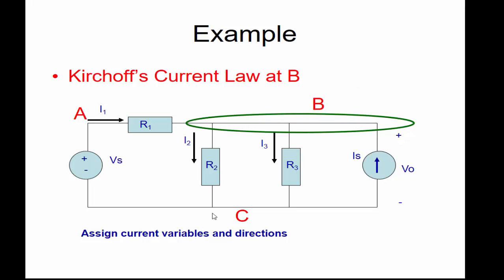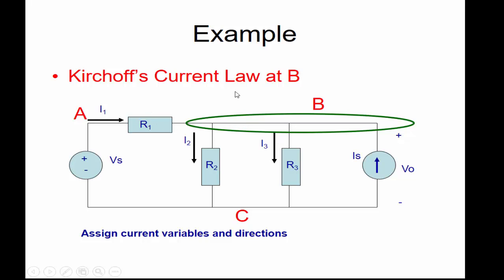Now here, if we have to assign current variables and direction, this is treated like one node, because we have a node there and a node there, and there's no potential drop between them. There are no elements, so this is treated as one node. But notice that with respect to B, we have currents I2 going out of the node, I3 going out of the node, and I1 going into the node.